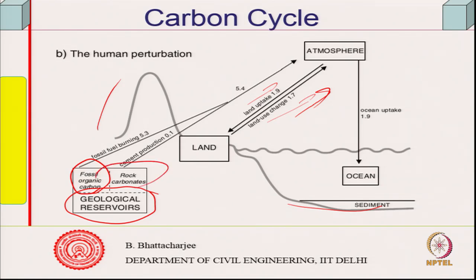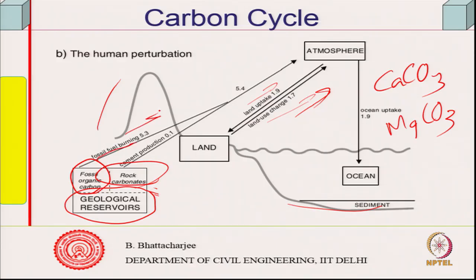The other is in the rock, for example calcium carbonate and magnesium carbonate or any other carbonates; they have carbon dioxide trapped in some form. So these are the geological reserves, limestone reserve and fossil fuel reserve. When you burn them, that is what results in it, right.